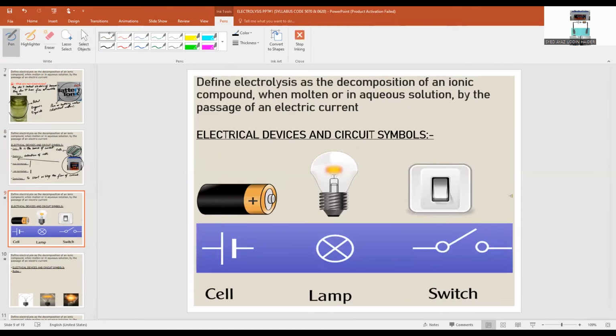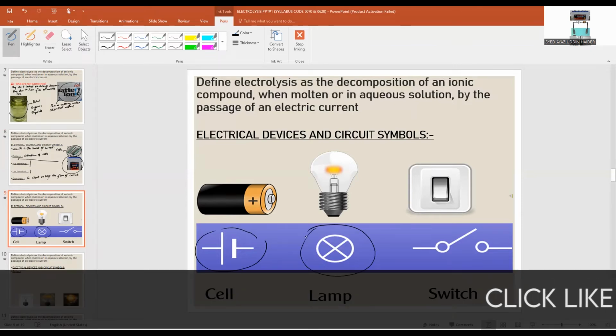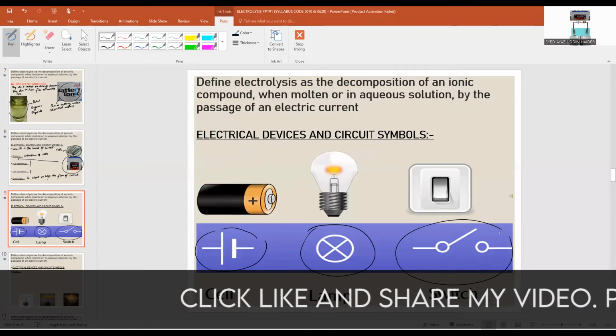Here are the symbols we will use during electrolysis. You must have knowledge about these because this will help you in the exam whenever they ask you to draw an electrolytic cell with correct circuit symbols. The symbol used for a cell, this one is used for the lamp, this one is used for the switch.